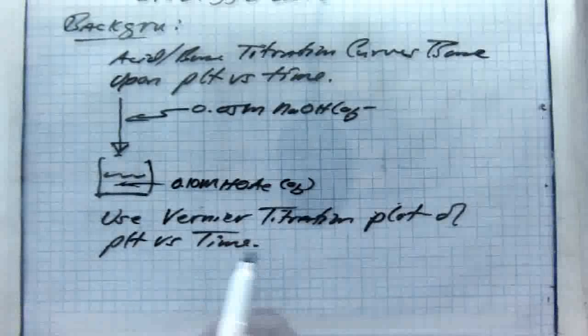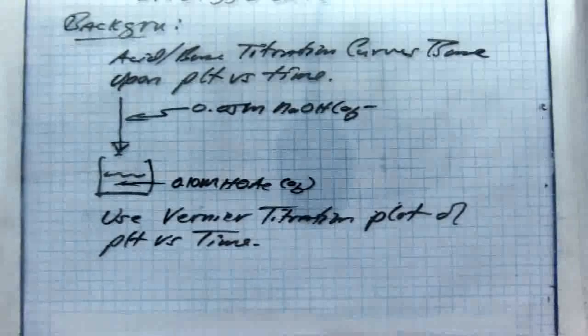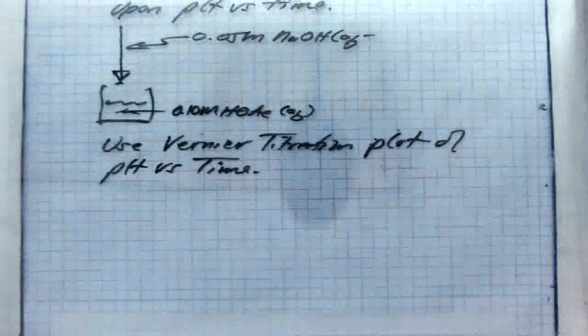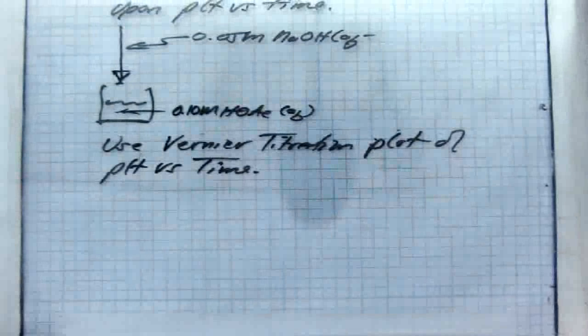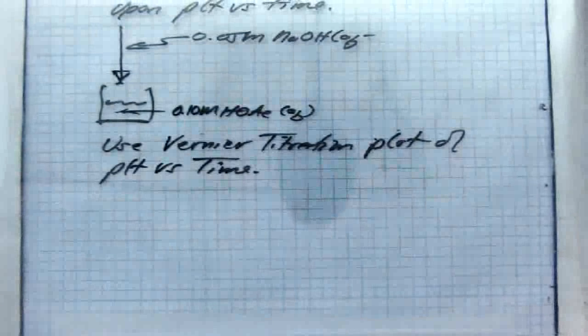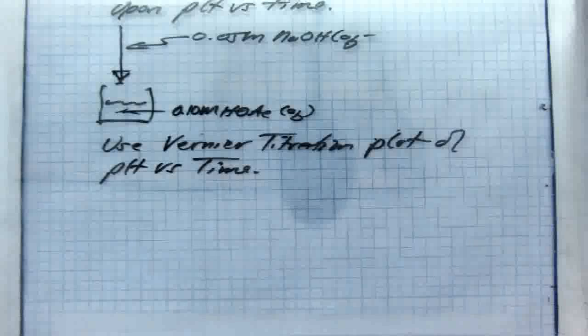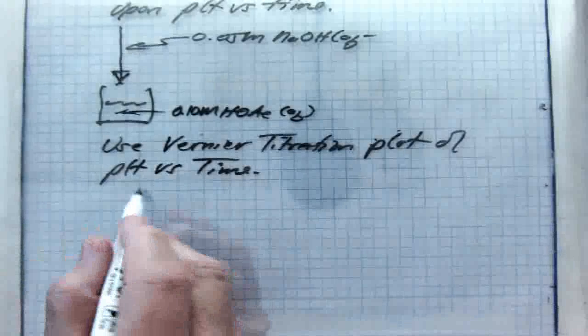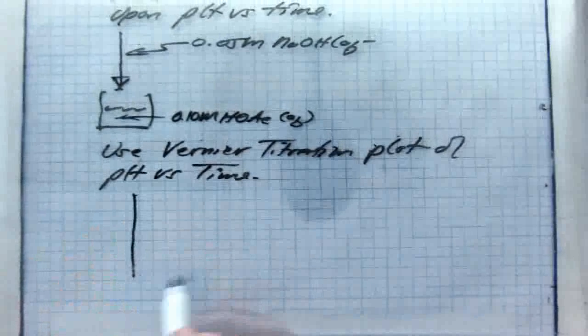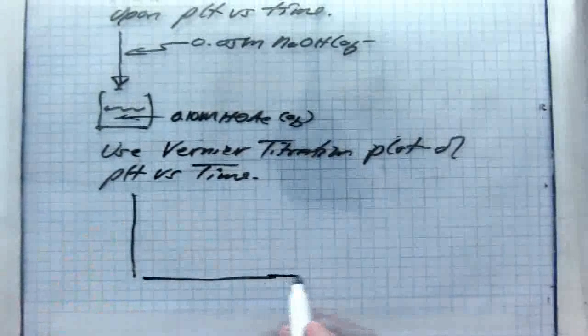Well, what you should expect is the following. And this would be time and pH. Well, for the strong acid, strong base titration, you're going to start down here at somewhere around 1 pH, and you're going to see the curve go along here and then shoot up through the equivalence point, just like this.